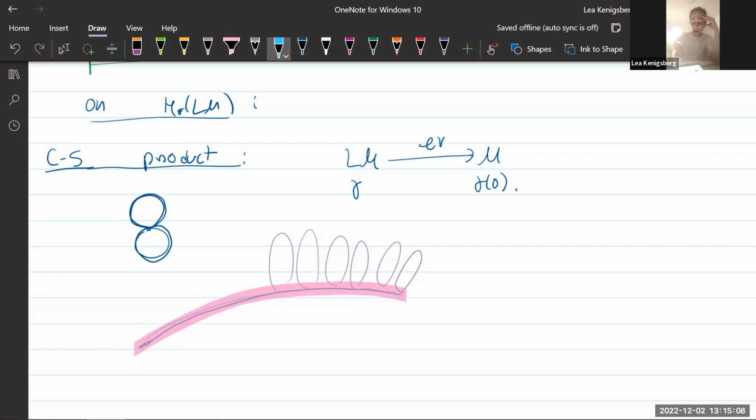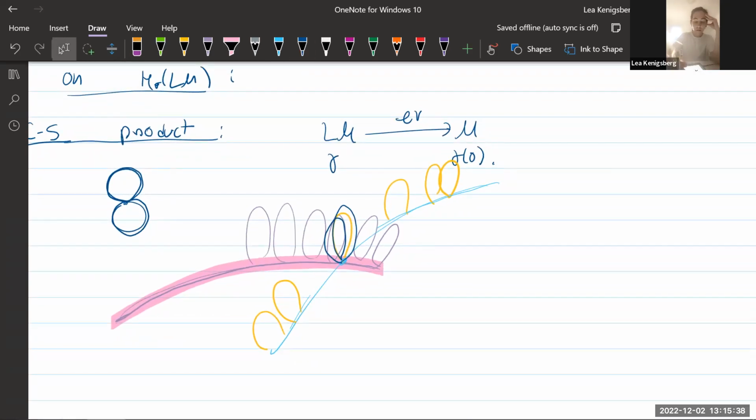And then I have another family of loops, whose image under the evaluation map is going to be this one right here. And so at this point, I have two loops which share a common starting point, and then I can concatenate. So I can go first around this one and then around that one.